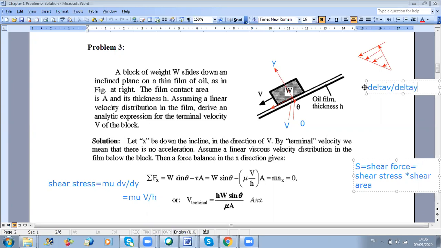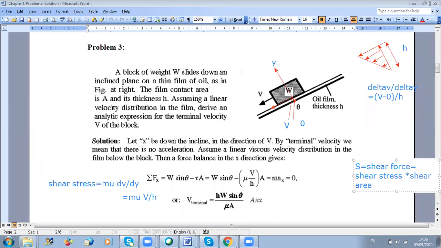Delta v here is equal to big V, so it's big V minus 0 over delta y, which is the thickness, so it's over h, because the distance from this point to this one, which is the oil film thickness, is simply small h. So the velocity gradient can be simply replaced by big V over small h. Is it clear now? Yes, thank you.